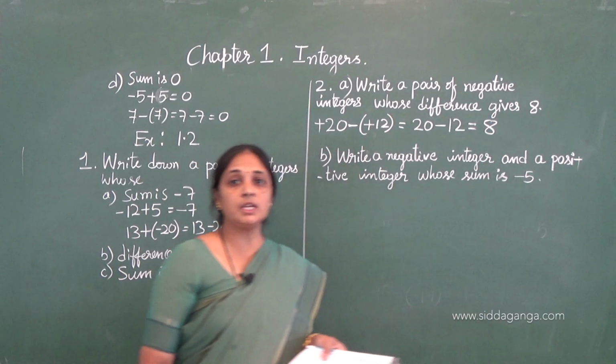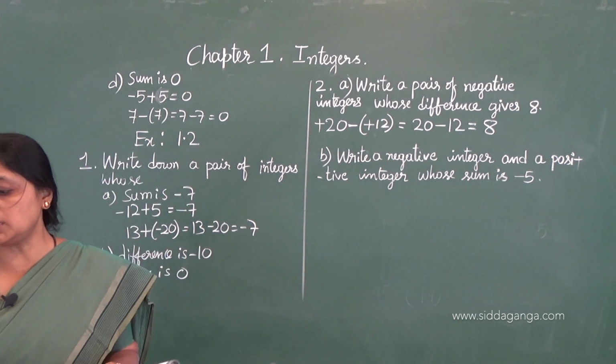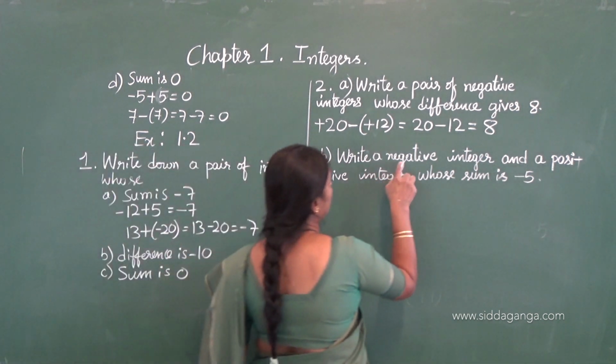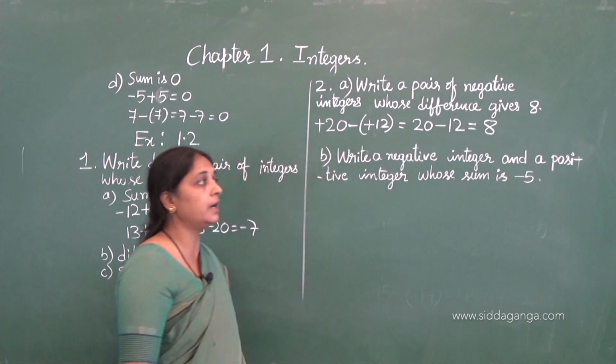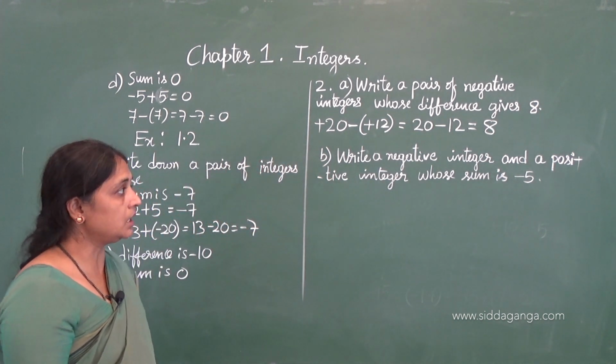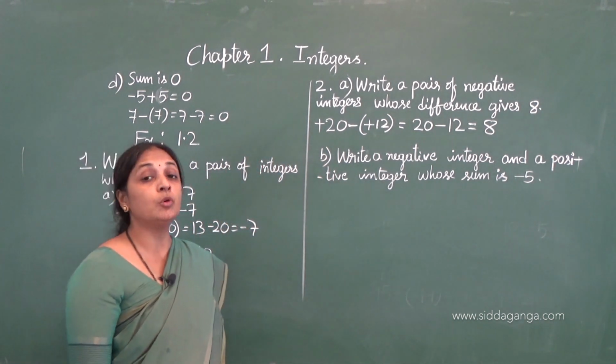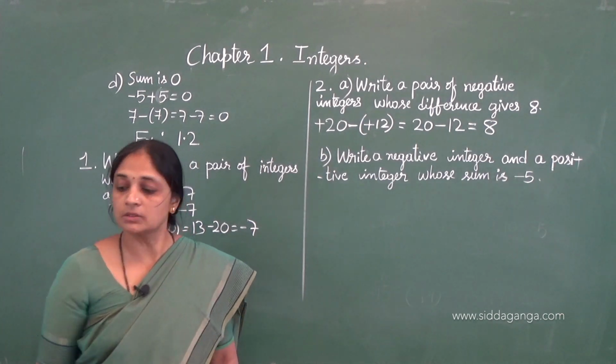Observe the condition: we have to take one negative integer and a positive integer, and we have to add both of them to get minus 5.